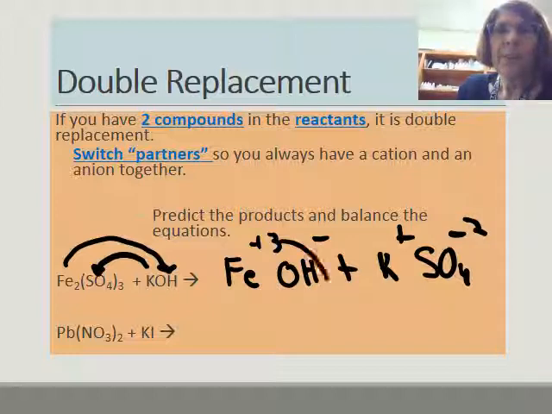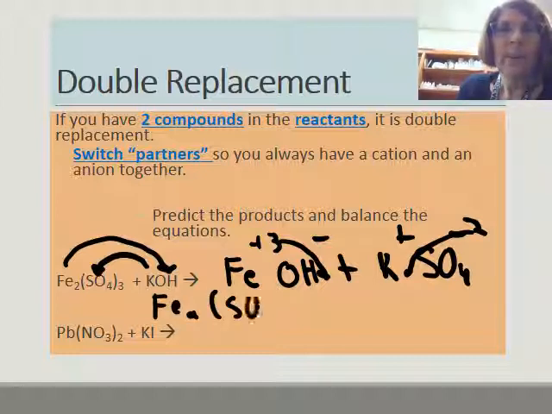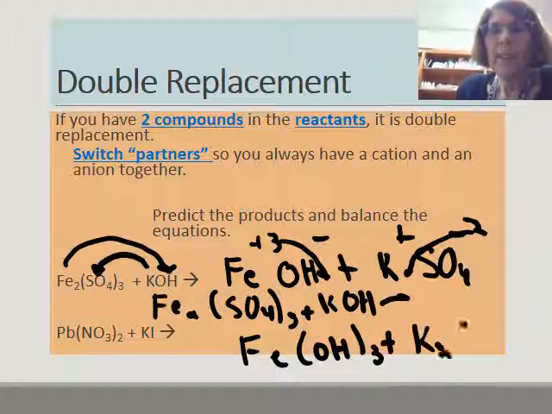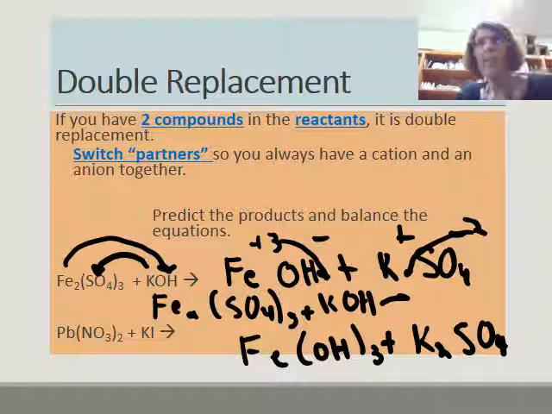So the 3 goes down here and the 2 goes down there. So we end up with Fe2(SO4)3 plus KOH makes Fe(OH)3 plus K2SO4.